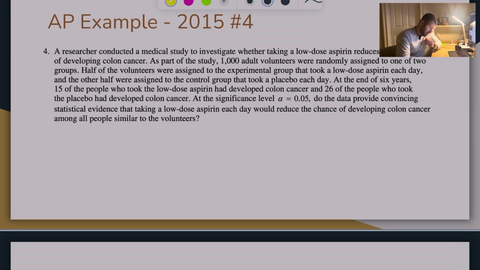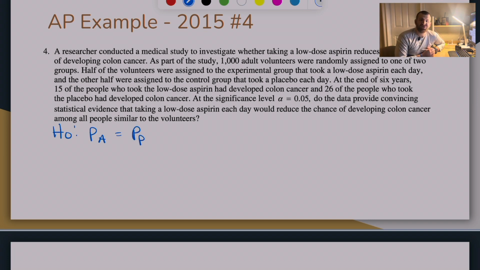So this is a study about: does low-dose aspirin reduce the chance of developing colon cancer? And so here we had, it looks like, 1,000 adults total. We had 500 in each group: 500 taking aspirin and 500 taking the placebo. So in this particular case, my null hypothesis is going to be that the aspirin group is equal to the placebo group.